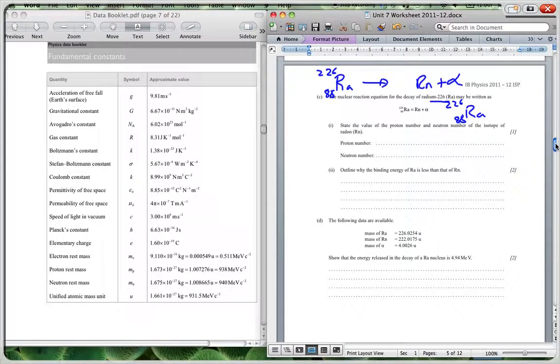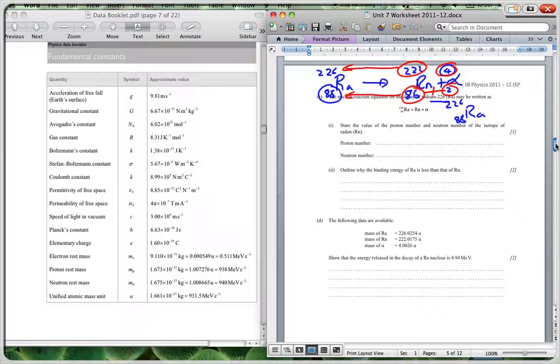Now your alpha particle is 2 and 4, so we need to balance these out. This over here is 88, this is going to go to 86, and here you've got 4, so this is going to be 222, because you want the 222 plus the 4 to equal your 226, and your 86 plus your 2 to equal 88.